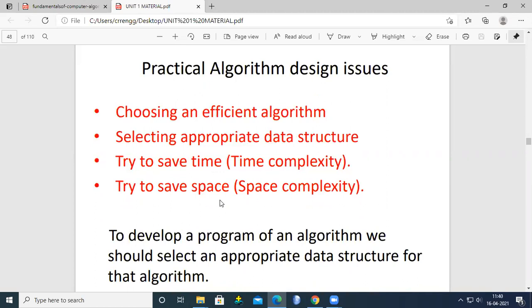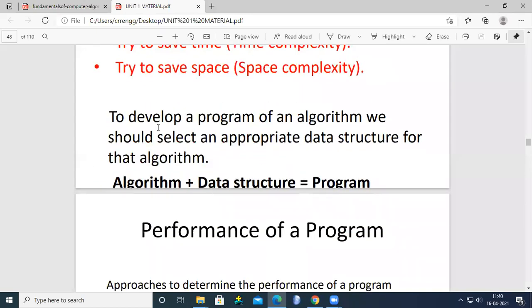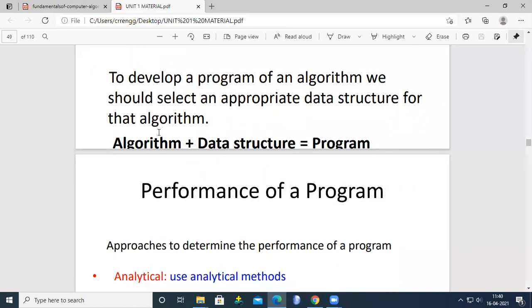Try to save space, that is space complexity; the memory required or time required for running an algorithm should be saved. To develop a program of an algorithm, we should select an appropriate data structure for that algorithm. So algorithm plus data structure is equal to program.